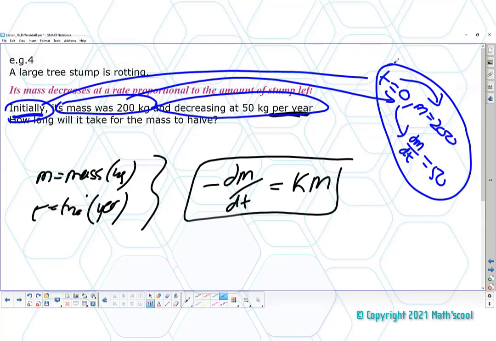Hold on, did I get that right? It says its mass was decreasing at a rate of 50 kilograms per year, and I said dm by dt is 50. Did I get that right? Yes, of course it is, minus dm by dt.